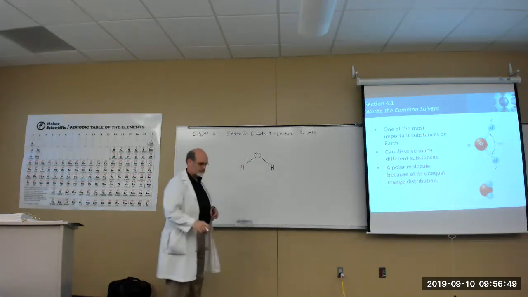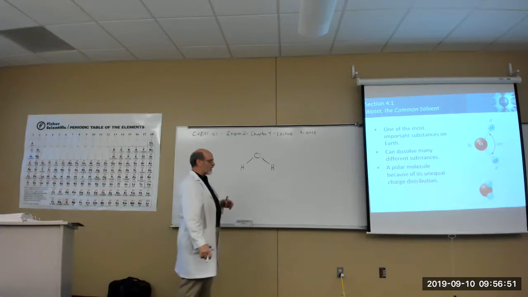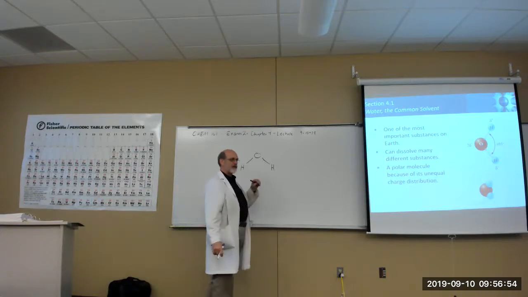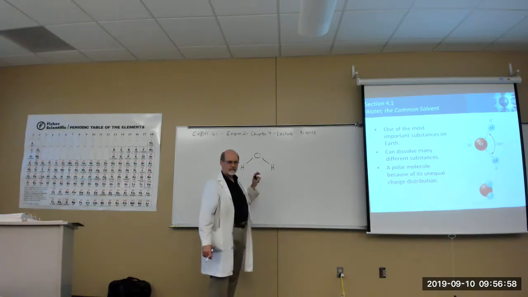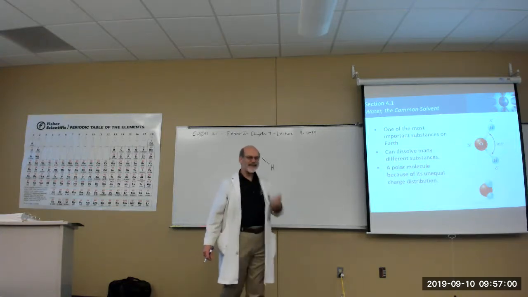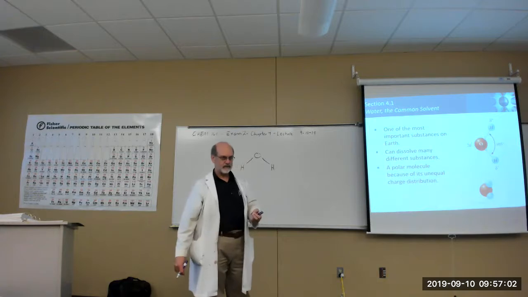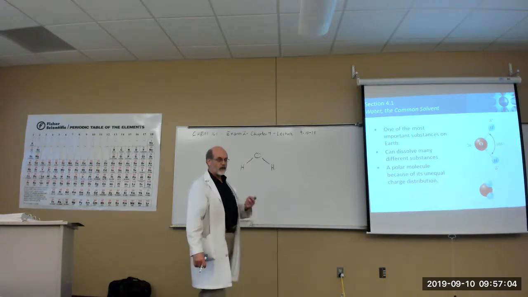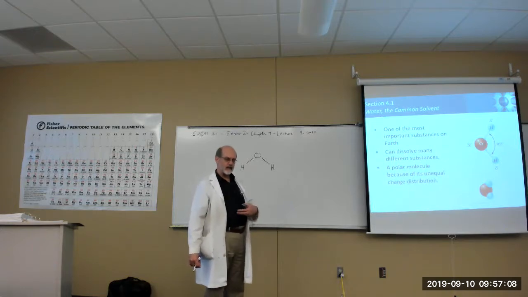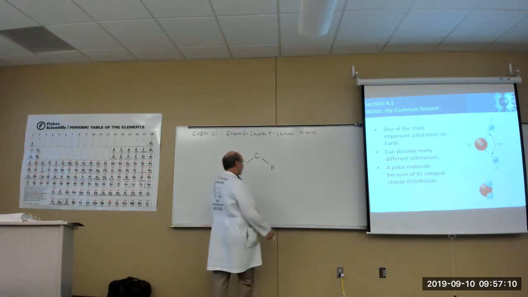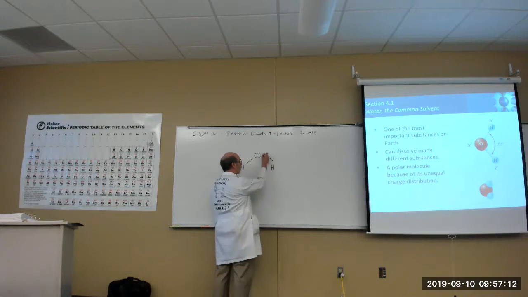First of all, the polarity of the bonds. That is, in a chemical bond between two elements, unless they are exactly identical elements, then one of them will pull just a little bit stronger on electrons than the other one. And in this case, the pull is toward oxygen.